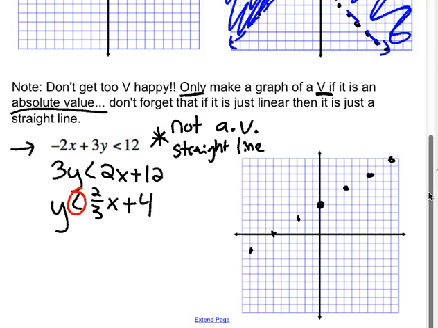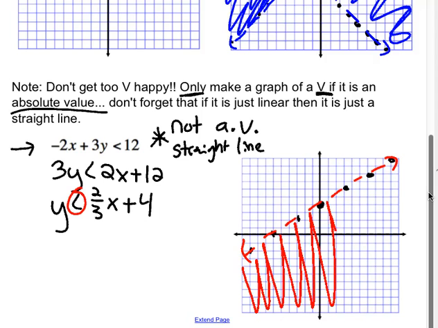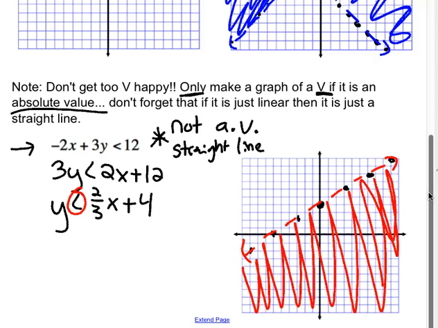Look at your inequality, strictly less than. So you get that. And then less than means shade underneath. All right. And again, just be careful, okay? Right away note whether you're graphing an absolute value or a straight line, okay?